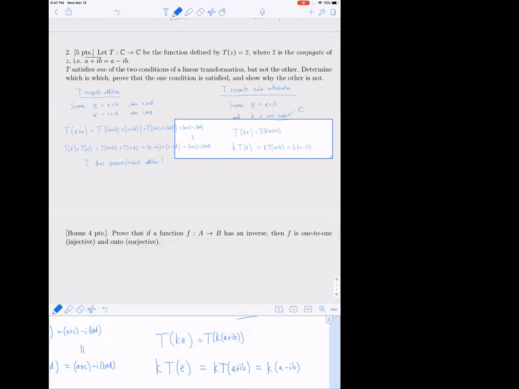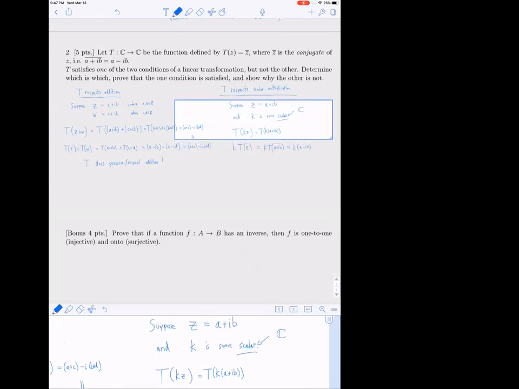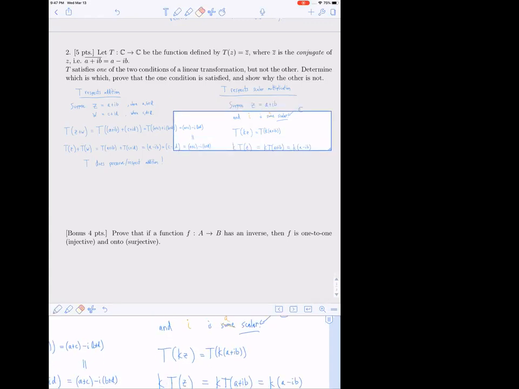So let's be more explicit about that. Rather than just saying some complex scalar, let's say that k is equal to i, a particular scalar. Then what would happen?